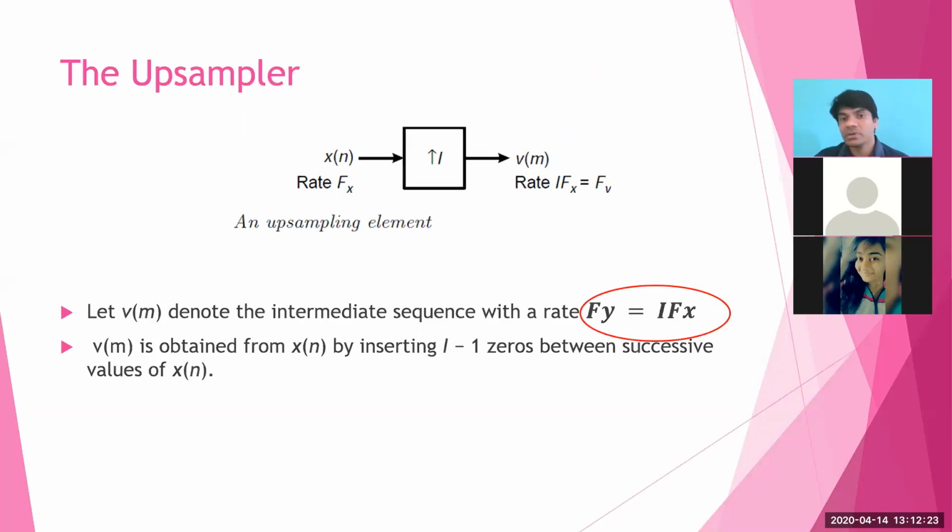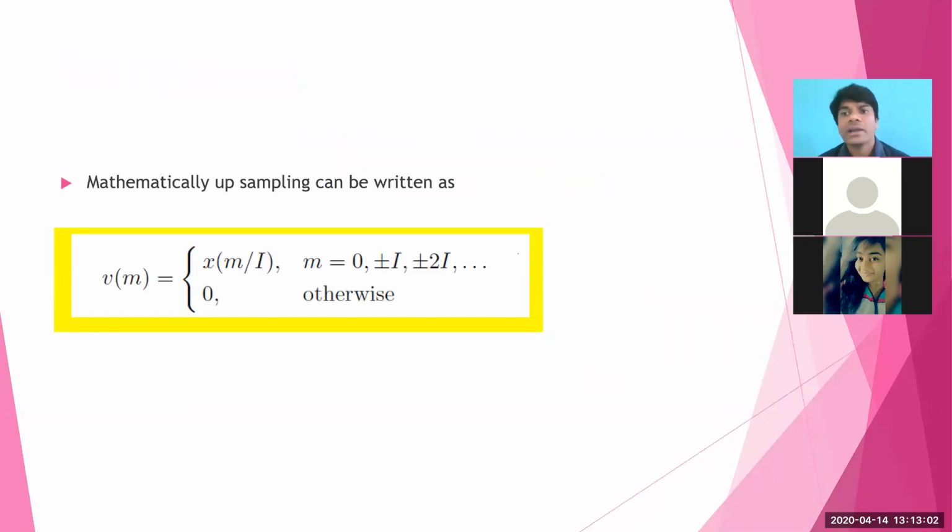If you look at this circle which I have drawn here, you can see that the output frequency of the upsampler is I fold, or I times, the sampling frequency of the input. The second bullet point here simply states once more that we obtain v of m, the output of an upsampler, by stuffing or inserting I minus 1 zeros between successive samples of the input x of n. Now, how do I write it mathematically?